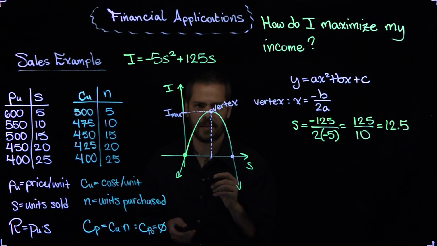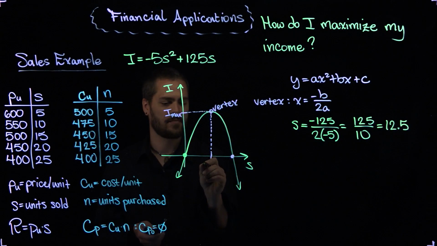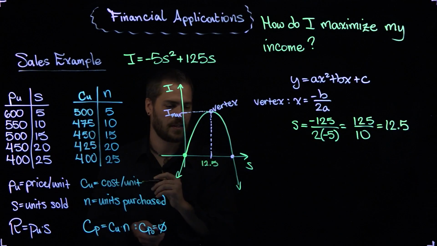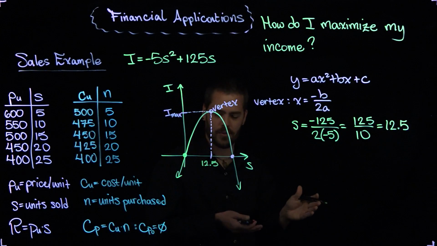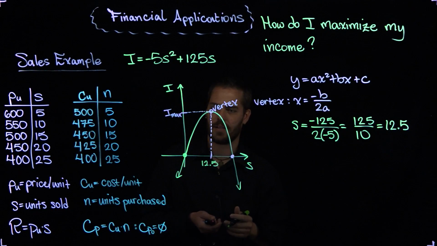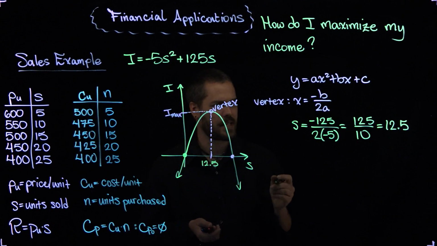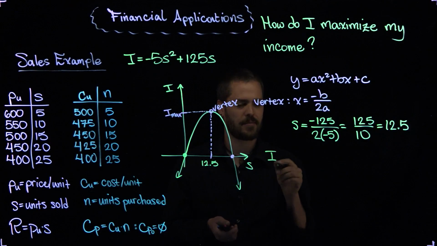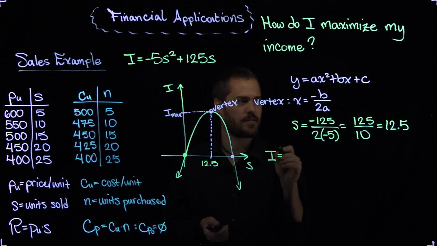So it turns out that for this example, exactly 12.5 units purchased and then sold is going to give me my maximum income. And what is that maximum income? I'm going to come back to that 0.5. You're probably thinking about it, right? What's my income if I have 12.5?